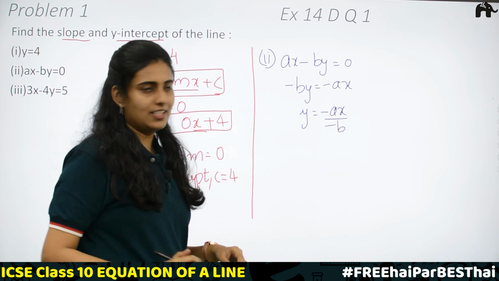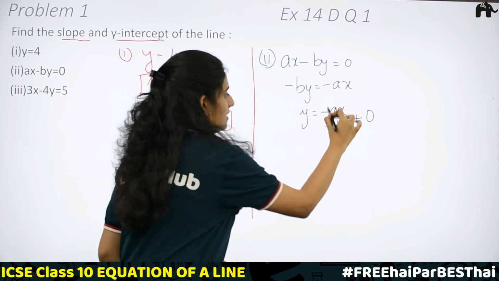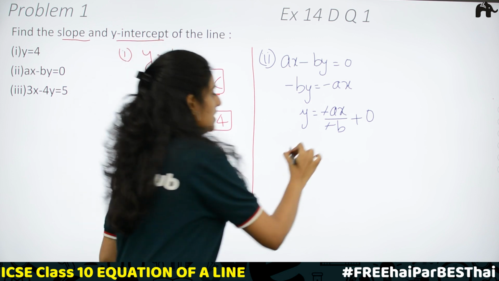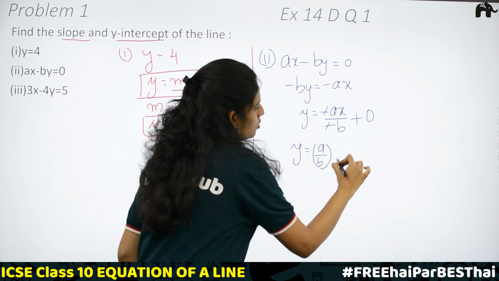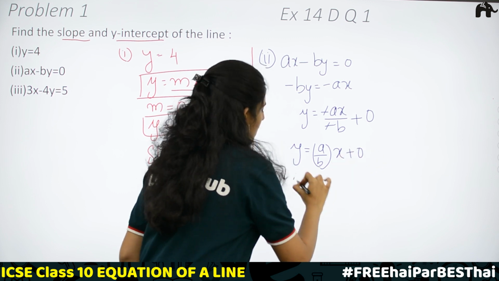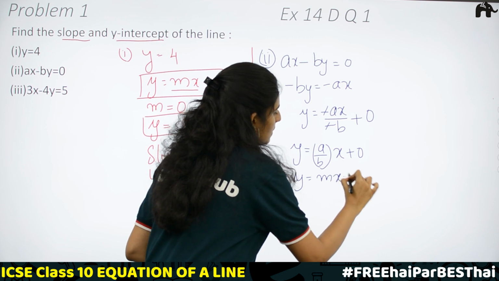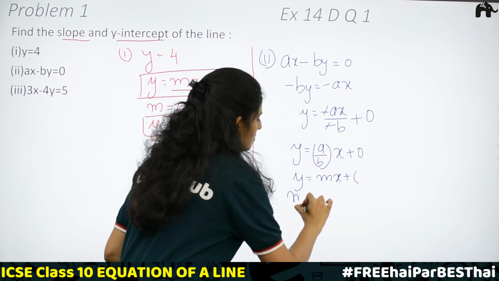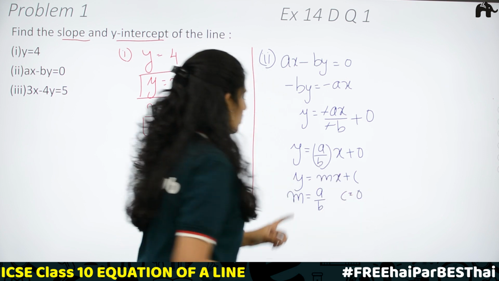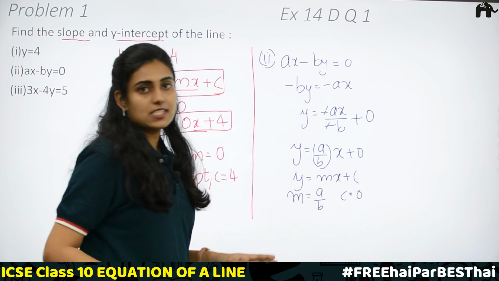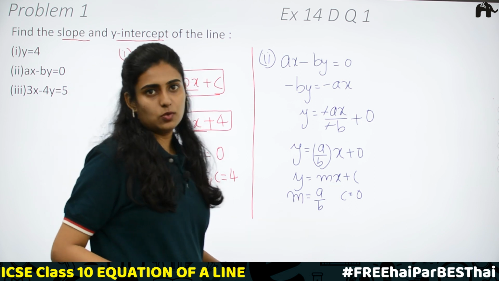There is no constant here, which means we can put 0. This negative and this negative can be cancelled, which means our equation is y is equal to a by b into x plus 0. Comparing with the slope-intercept form, y is equal to mx plus c, we get m is equal to a by b and c is equal to 0. Here m is the slope and c is the y-intercept. We got m is equal to a by b and c is equal to 0.